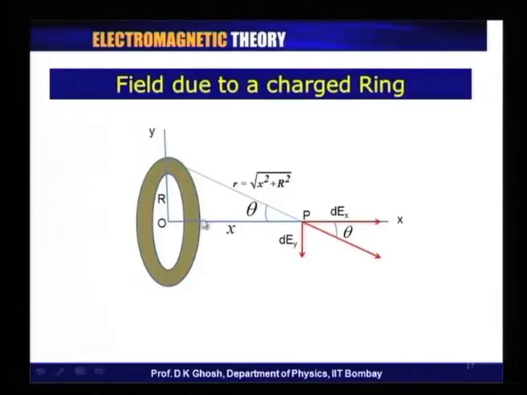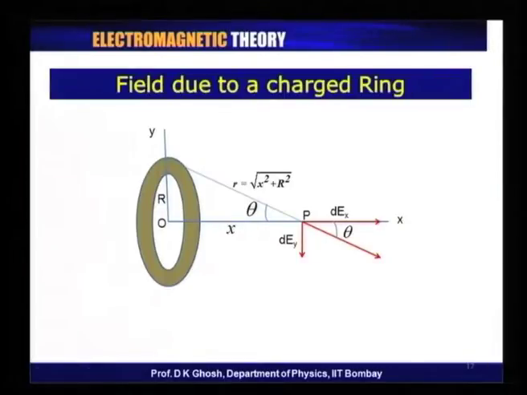The point P is at a fixed distance x from the origin, and this is where I am interested in calculating the field. Incidentally, the ring cuts the x y plane perpendicular to that.